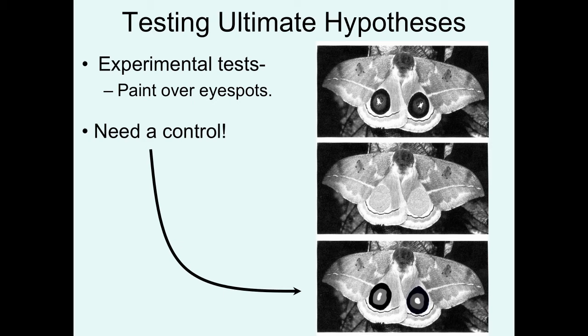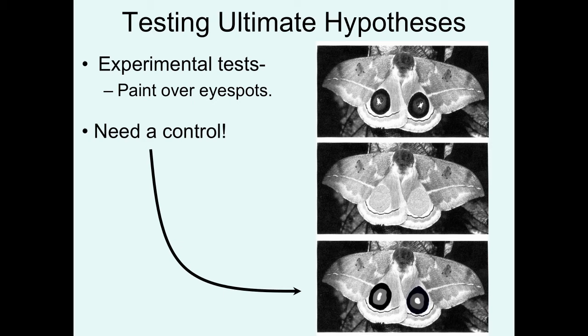It doesn't have anything to do with the presence of eye spots or not. It's just the fact that this paint's sticky. Or perhaps the solvents in this paint make the moths loopy or increase the attack of the predator. All of those are possibilities.